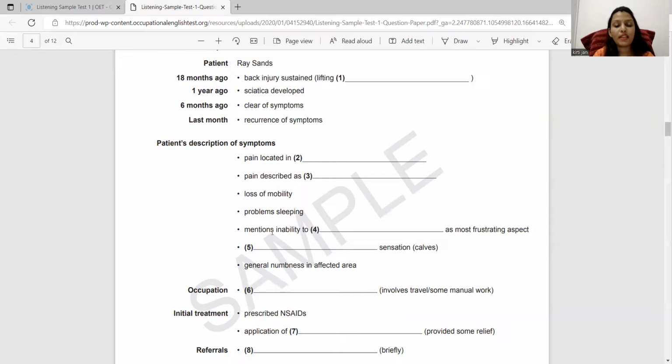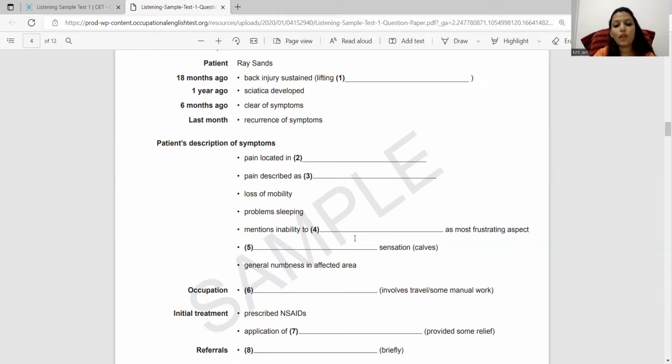Number 4 mentions inability to dash as the most frustrating aspect. So inability to what? Can you guess? Inability to walk, to stand, to bend, as it is a back injury, to bend.